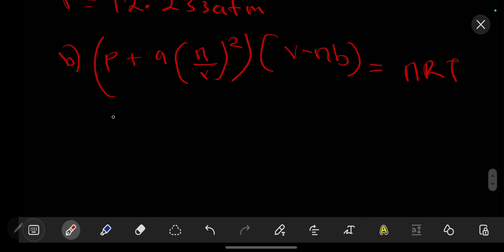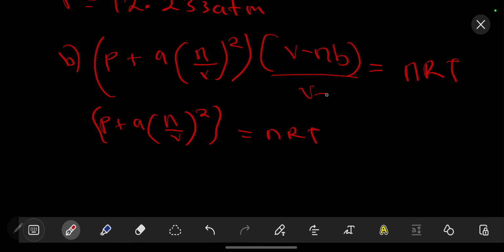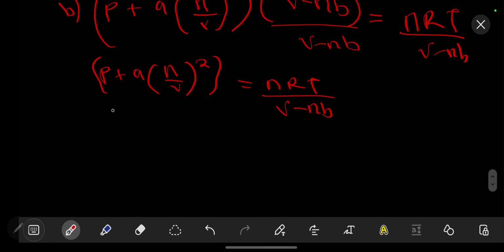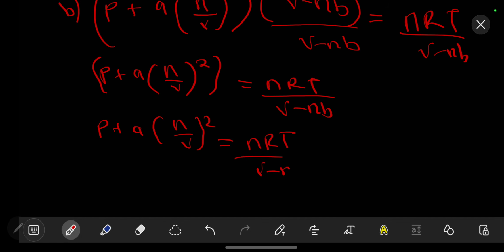We have P plus a n over V squared, and if we divide by V minus nb, we get P plus a n over V squared equals nRT over V minus nb.